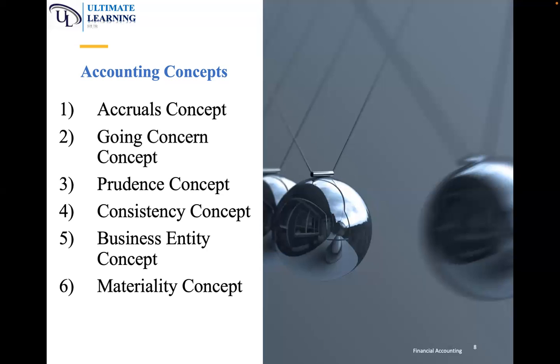The fifth concept is the business entity concept. Accountants regard businesses as separate entities distinct from others, apart from sole traders and partnerships. In other words, the business and the person running the business are two different entities. They should not be assumed to be one. And finally, there is the materiality concept.